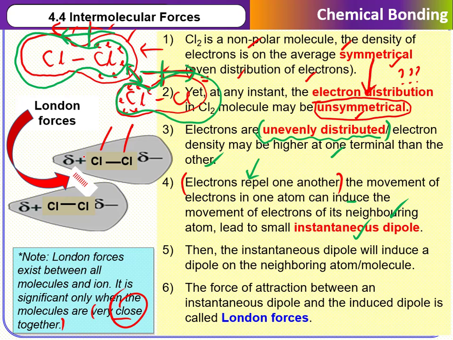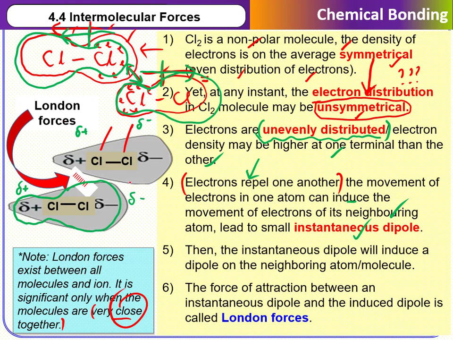Bila dia tertolak, dia jadi kecil sebelah, besar sebelah. Then, what happens here? Yang kecil sebelah itu will be partial positive and the bigger electron cloud will be partial negative. Then, dia jumpa pula dengan the other Cl2 molecule yang lain having the same condition. Pun sama lah. Sebelah bigger size, sebelah sini smaller size.